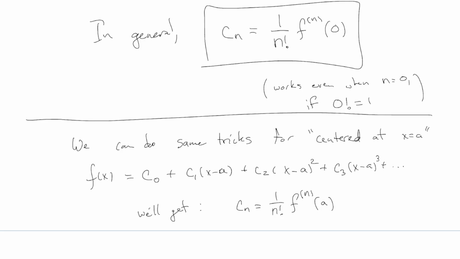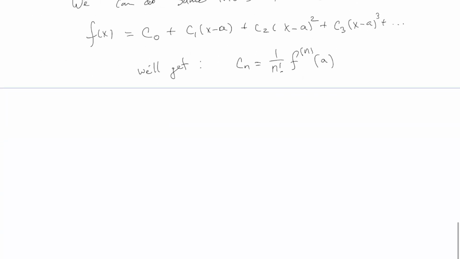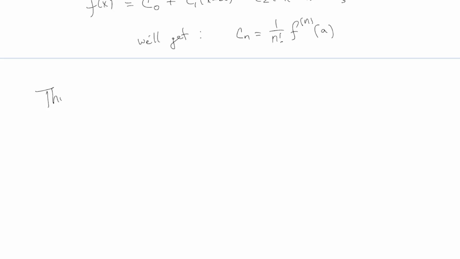All right? So I'm going to summarize all this in a theorem, and this is really one of the most important theorems, I would say, in the history of modern mathematics. Oh, it's not exactly a modern theorem. This was in like the 1700s, I believe. But anyway, this is called Taylor's theorem.